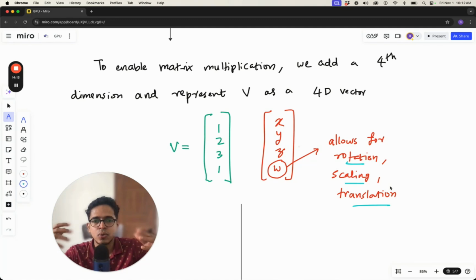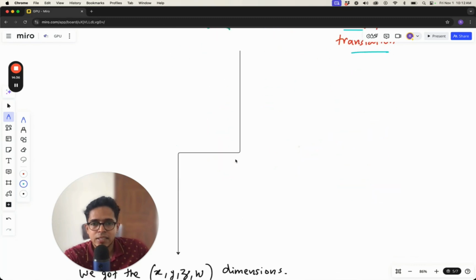So you don't have to individually calculate what happens to each dimension. Rather, you can perform some matrix multiplications if you have this fourth dimension. By default, the value of w is set to be 1. So the vertex v is now represented by x, y, z, which is 1, 2, 3, and w is 1. So these are the coordinates of the vertex v.